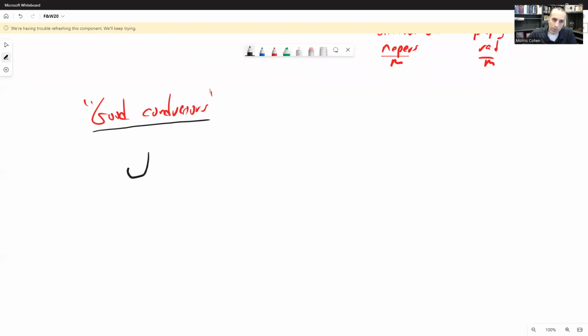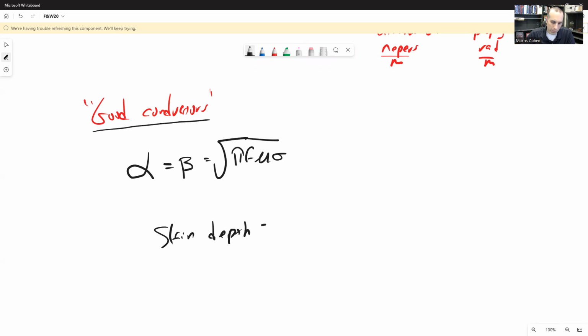But in the good conductor regime, we're going to get that alpha equals beta equals the square root of pi times f times mu times sigma, in which case we're going to find something called the skin depth, which equals 1 over alpha, or 1 over the square root of pi times f times mu times sigma.